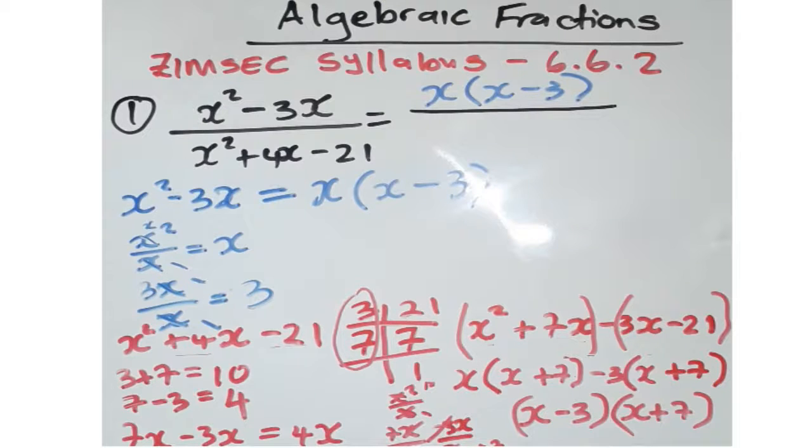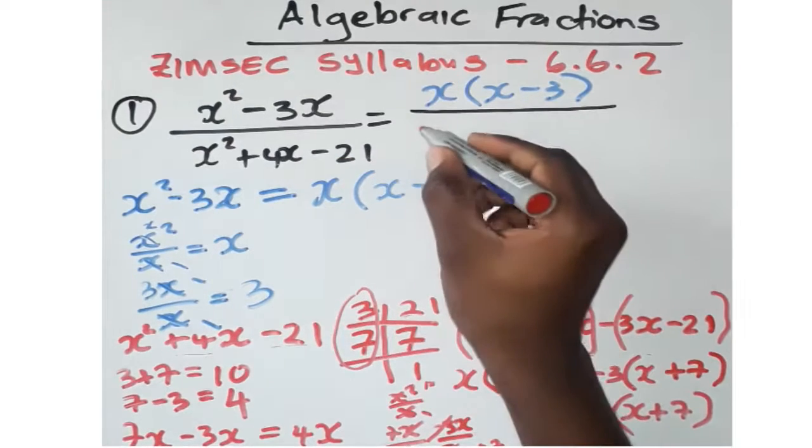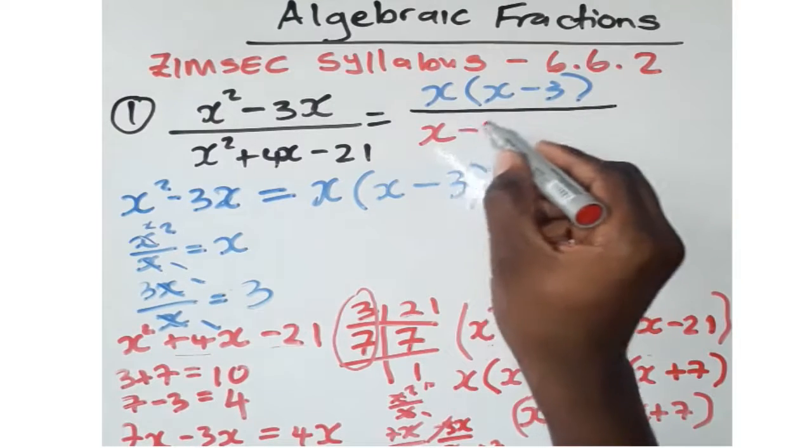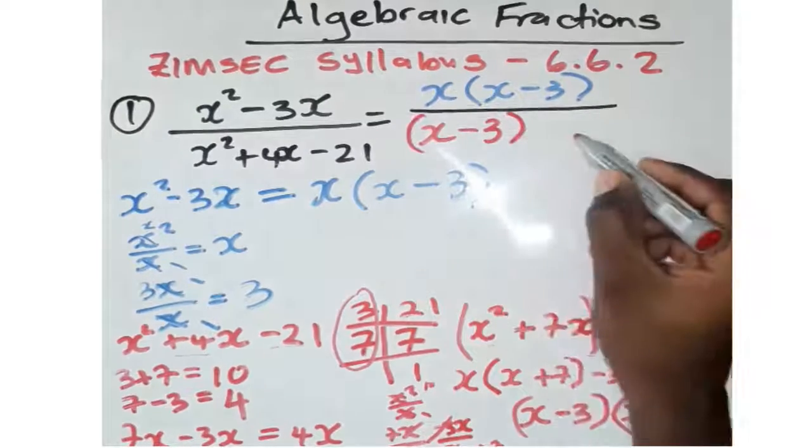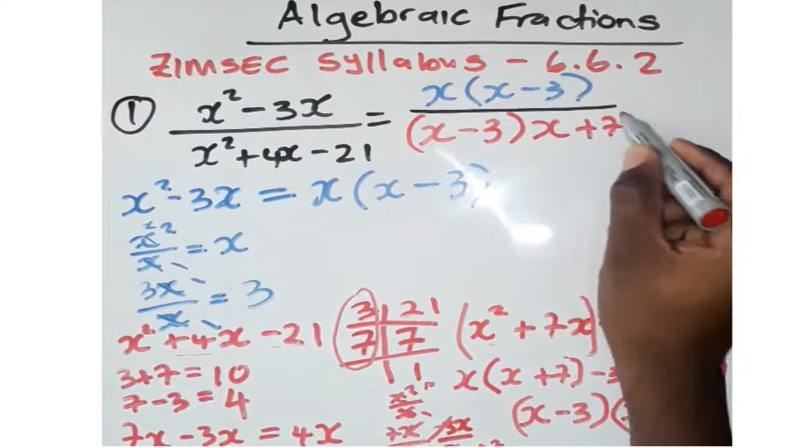The denominator as well, we factorized it. When we factorize the denominator, we got this answer. So we come here and we write it down. x minus 3, x plus 7.